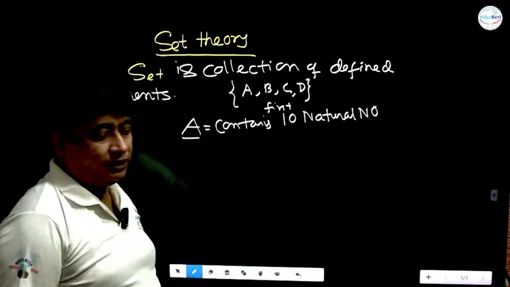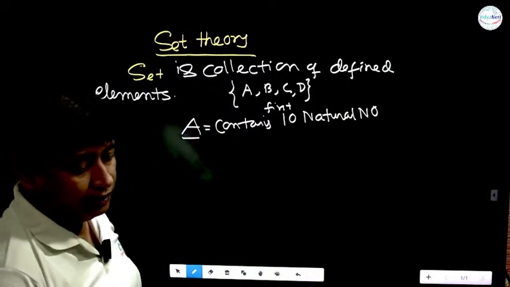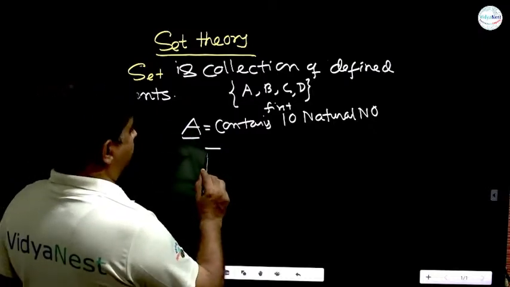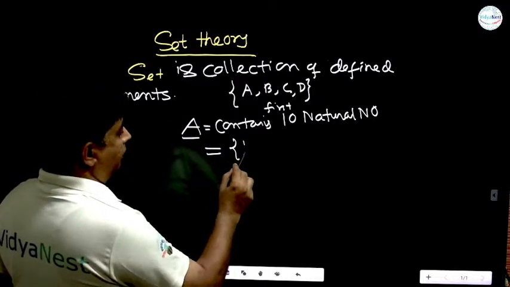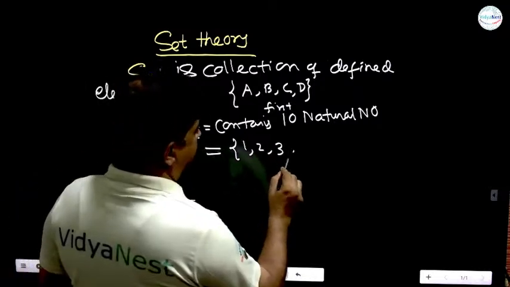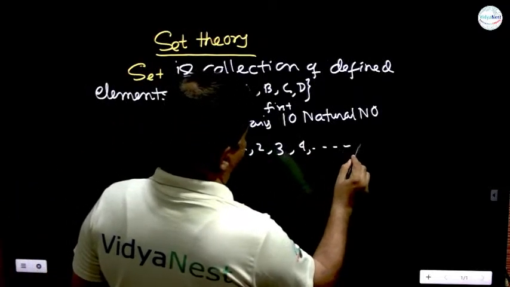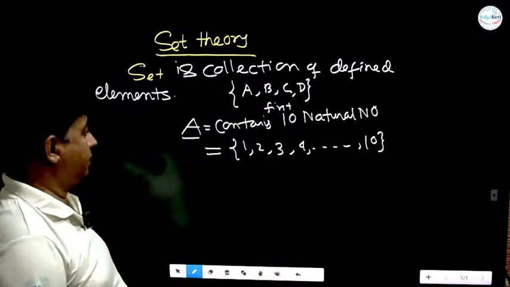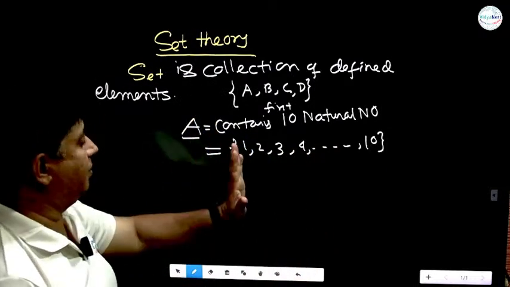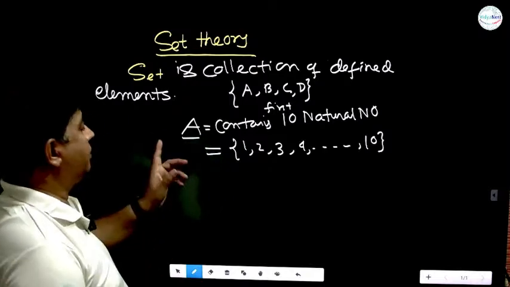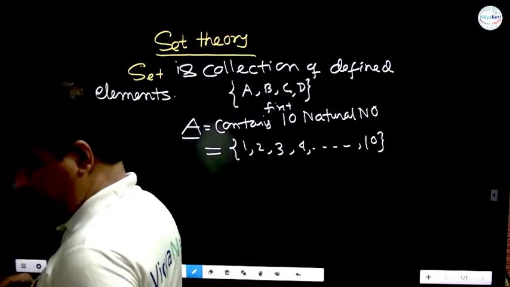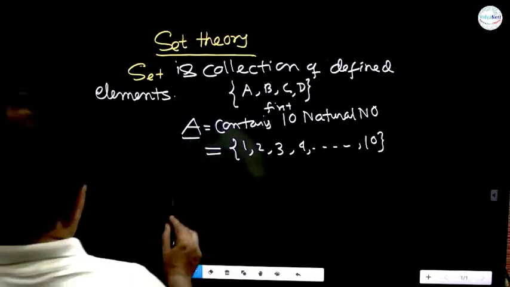How to write that? 1, 2, 3, 4, up to 10. Okay, so these 10 natural numbers are written in what is called roster form.